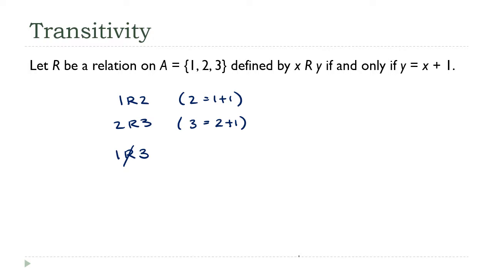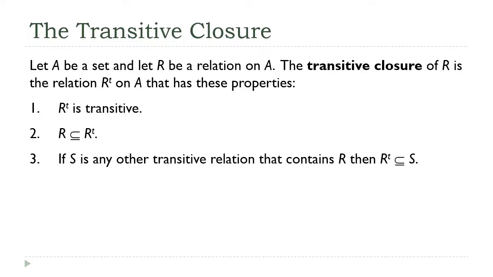The question here is, what can we do about it? What would we have to do to fix this in the sense of making it into a relation that is transitive? Well, essentially the answer to that is you have to add ordered pairs that fill in those missing relations. So here's how we're going to do that.